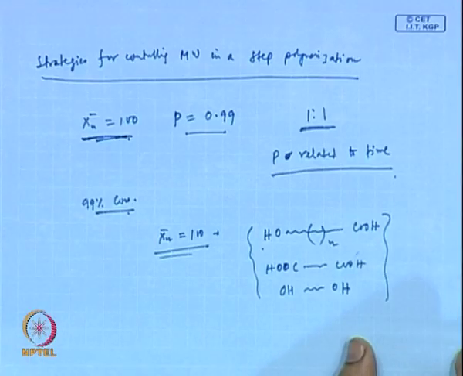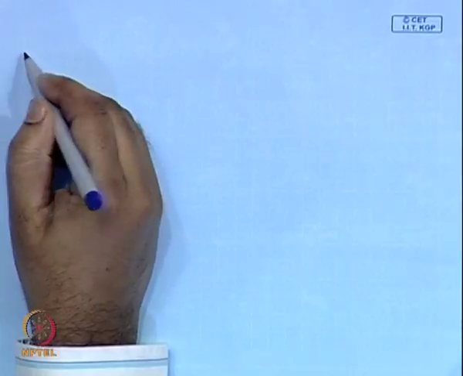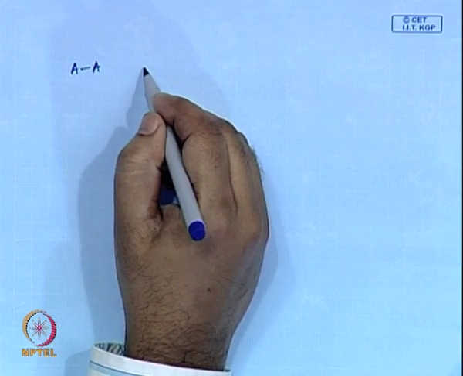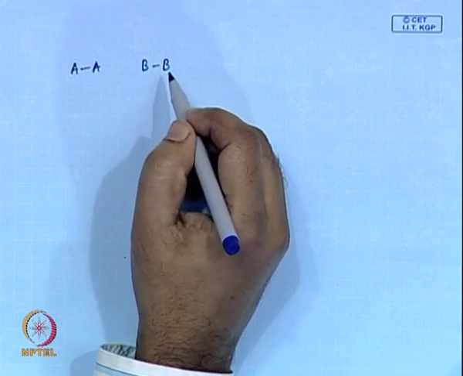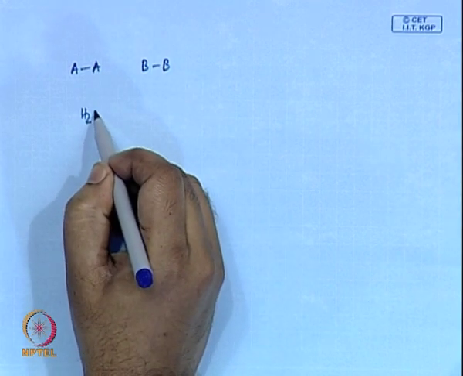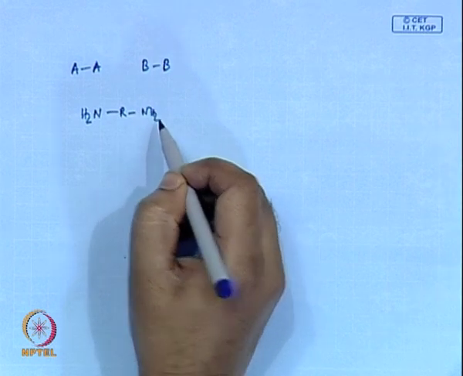One is to use one of the monomers in excess. For example, say you have monomers A and BB. Now, take a concrete example of polyamide formation.